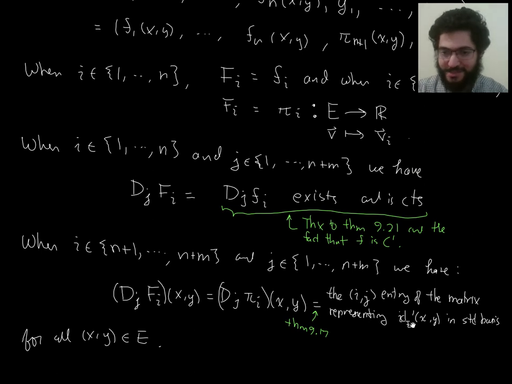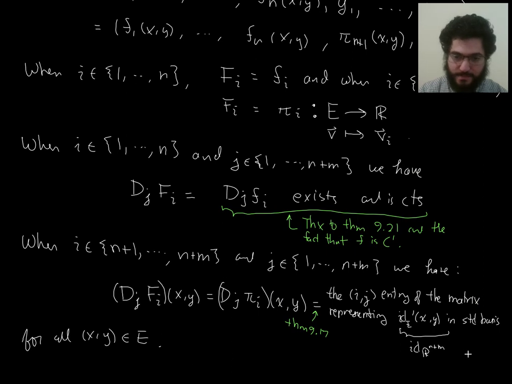The identity function is differentiable, and its derivative is the identity function, because the identity function is linear. So this identity prime at (x, y) is just the identity on R^(n+m). It's the identity linear map.